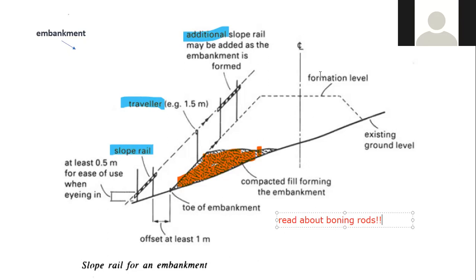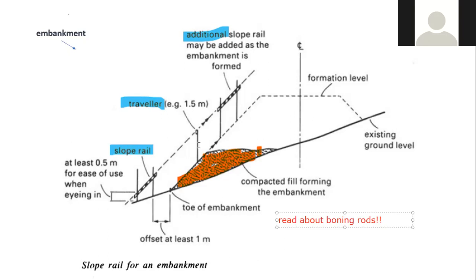That was a lot of theory, but in practice, someone can just go and start constructing this without doing any calculation at all. That's sometimes the wisdom behind some of the things we are teaching: on the ground, you need to get it done. So slope rails are the main thing. They are used in conjunction with the traveler.